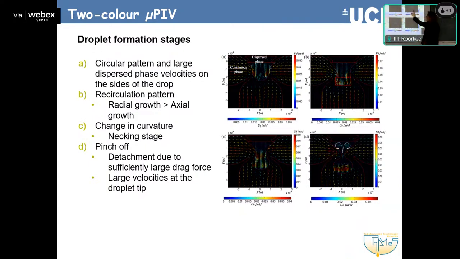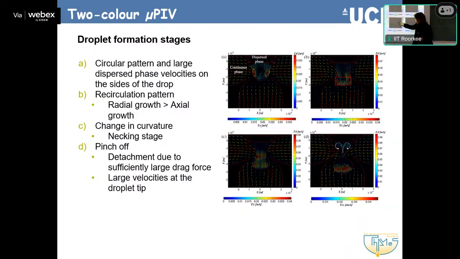If we do this, we can get the flow velocities not just in the dispersed phase, but in the continuous phase as well. This is just one case, for a system without a surfactant. You see all the stages. You have the drop forming and expanding, here expanding this way, radially as well, and here it keeps moving on the front, axially.